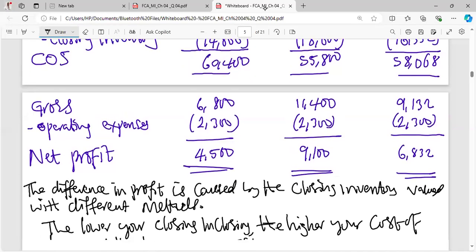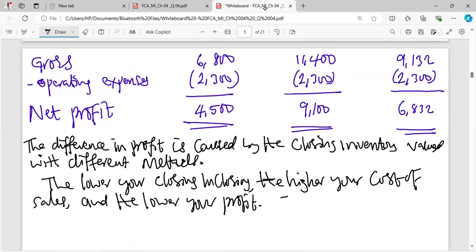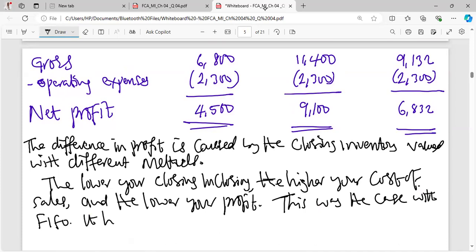This was the case with FIFO. It has the lowest closing inventory.